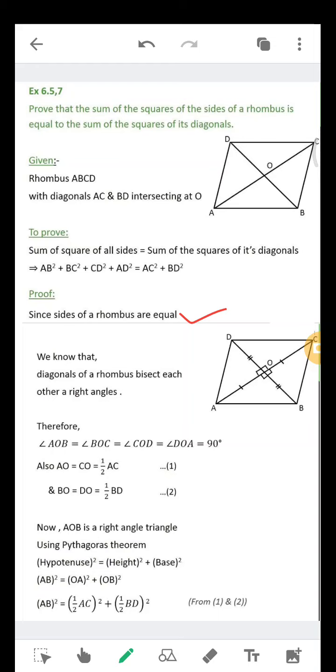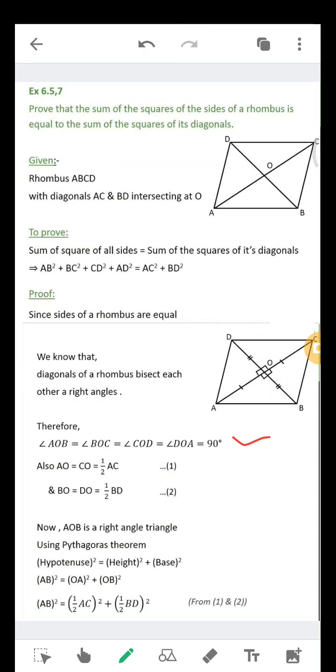We know that diagonals of a rhombus bisect each other at right angle, which I said just now. Now I can say that each of these angles is 90 degrees because diagonals of a rhombus bisect each other at right angle.